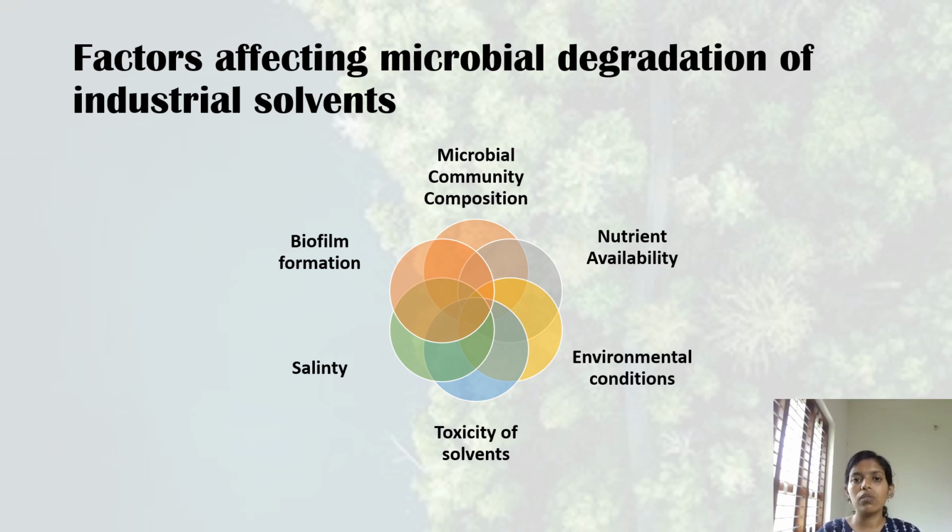Also, micronutrients such as iron and zinc are needed for the activation of enzymes, or they can act as coenzymes in certain metabolic pathways. So the nutrient availability of the surrounding also affects the microbial degradation of industrial solvents. Then coming to the environment, it is important that the surrounding should have the optimum temperature, pH, and oxygen availability.